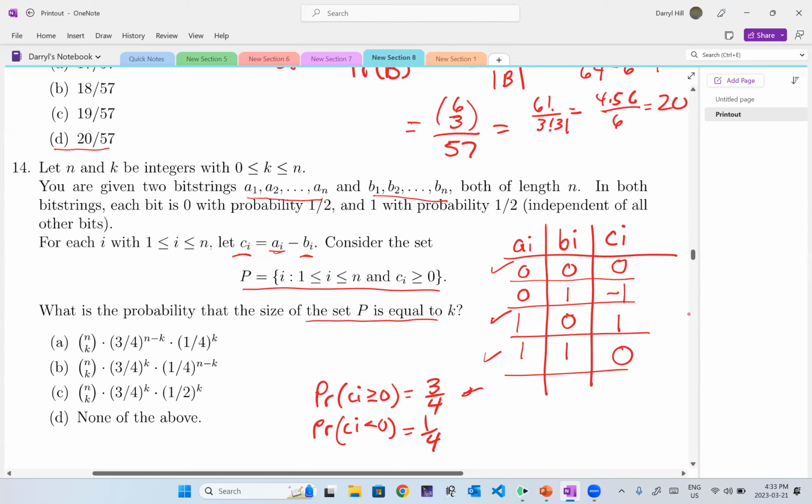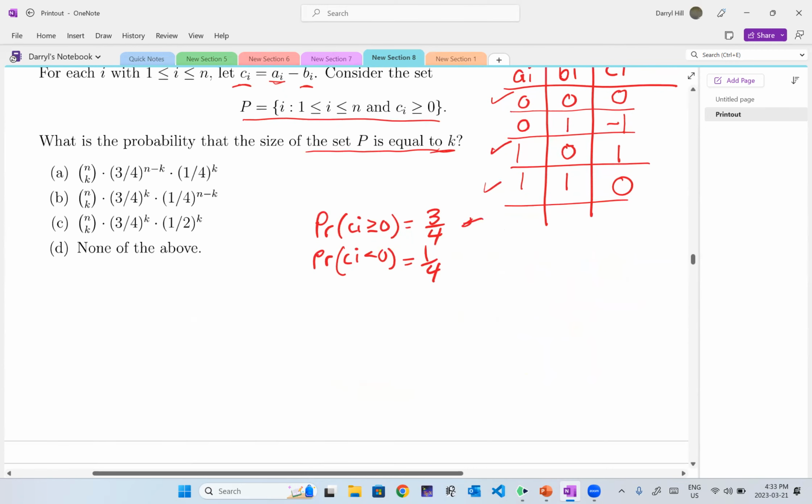And we want to find the probability that that set is equal to K. All right, so these are independent. So the value of CI is independent. So I have K of them that come up with probability 3/4. Right, so I want to find the probability that P is equal to K, or the size of P is equal to K.